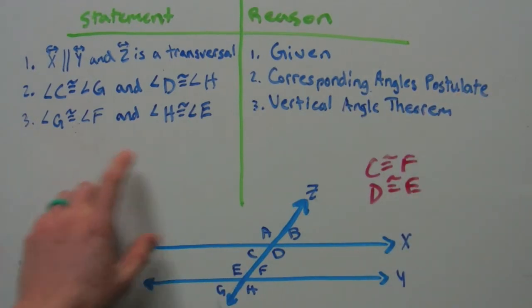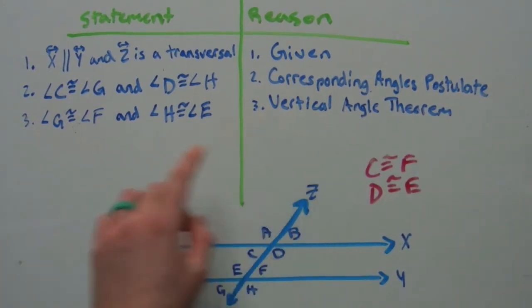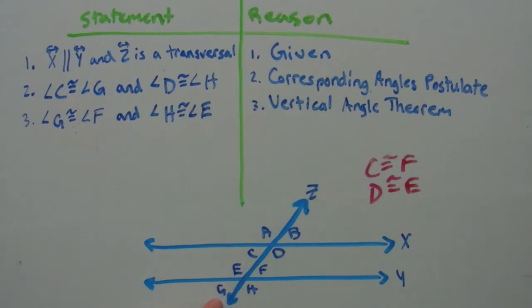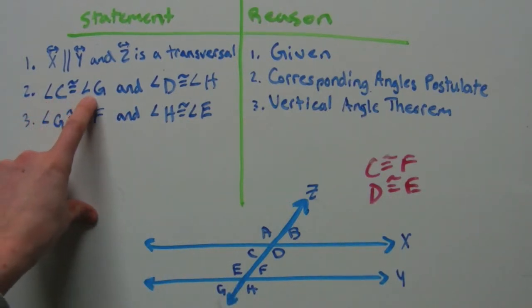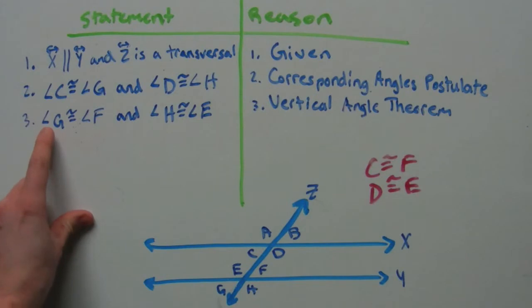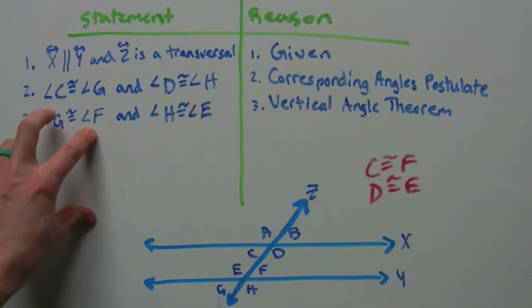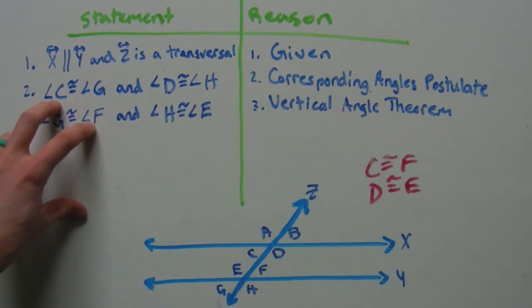So our next step would be to use the vertical angle theorem to say that angle G is congruent to angle F and angle H is congruent to angle E. So now we have C is congruent to G and G is congruent to F. So let's go ahead and use the transitive property.